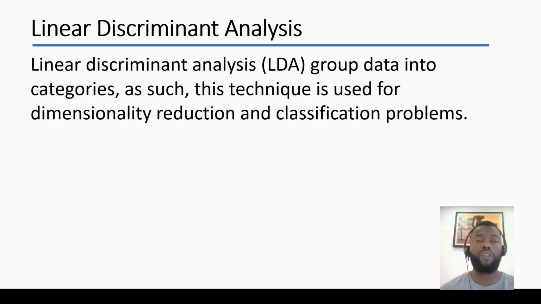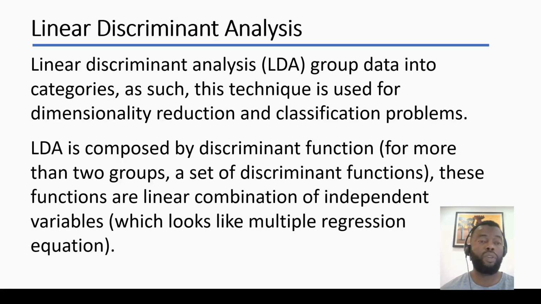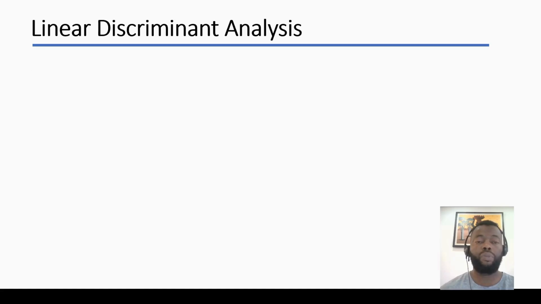So, linear discriminant analysis groups data into categories, and as such, this technique is used for dimensionality reduction and classification problems. It is composed of a discriminant function, and for more than two groups, a set of discriminant functions. These functions are linear combinations of independent variables, and in this way it looks like a multiple regression equation.